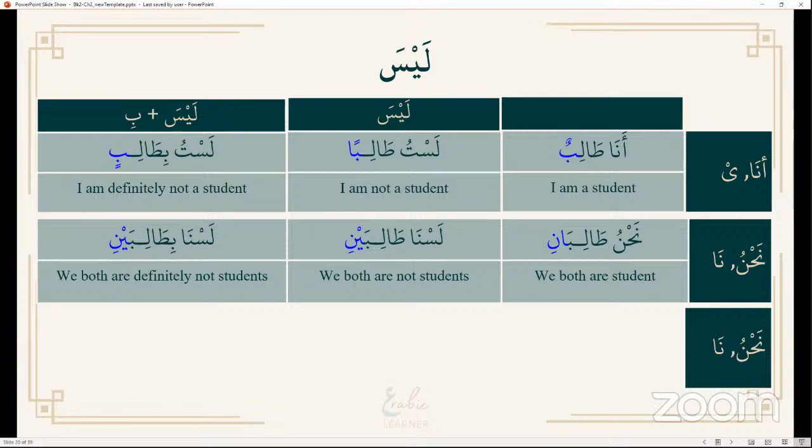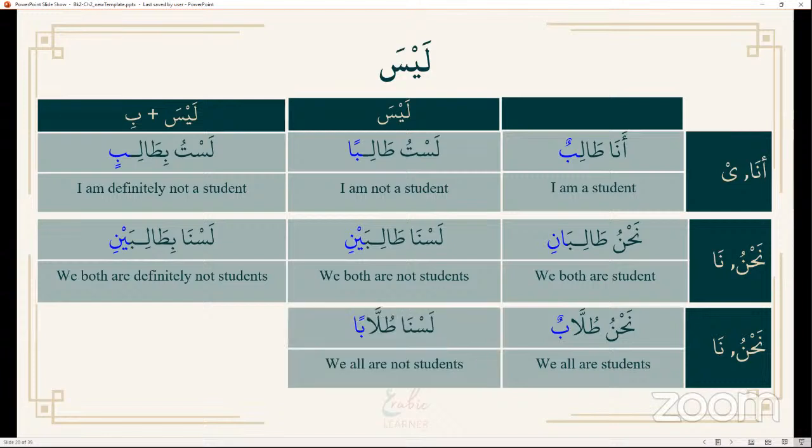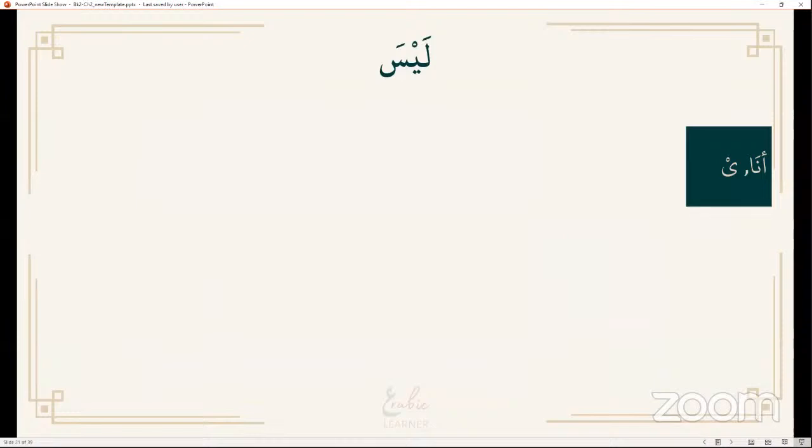Good. Now, nahnu tullabun. We are students. Lasna tullaban. Good. And with B, lasna bitullabin. Good, mashallah.